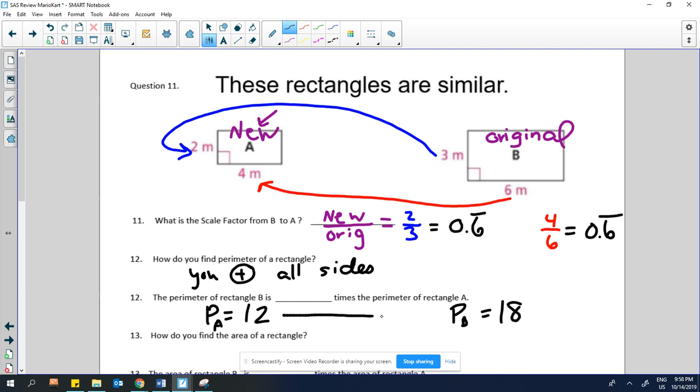Okay, so we've got to figure out how many times bigger this is. Go ahead and figure out how many times greater it is. All right, so it's still new divided by original. So we're going to do 18 divided by 12. And that'll give you 1.5.